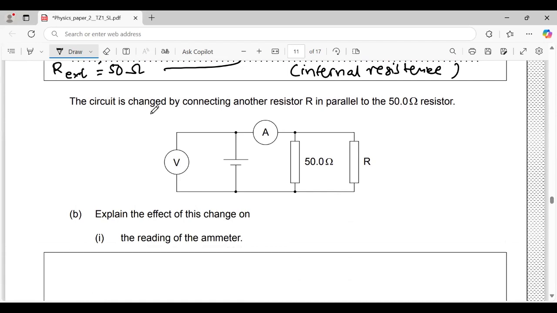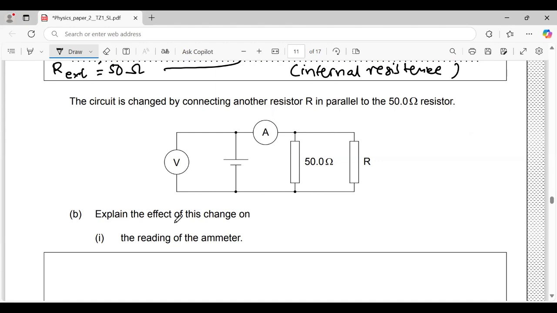the circuit is changed by connecting another resistor in parallel. Okay, so attach another resistor, this one, and attach it by parallel circuit, parallel to this 50 ohms resistor.